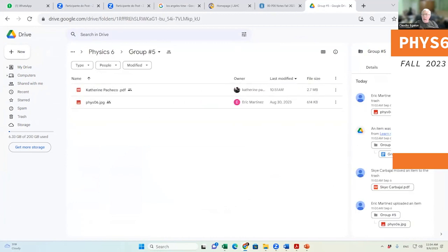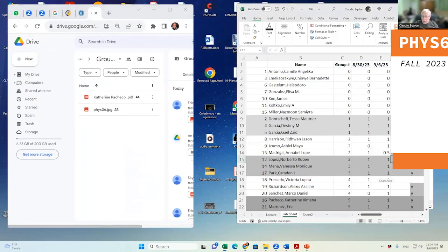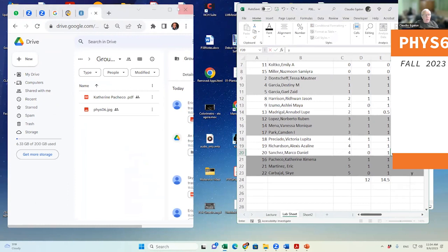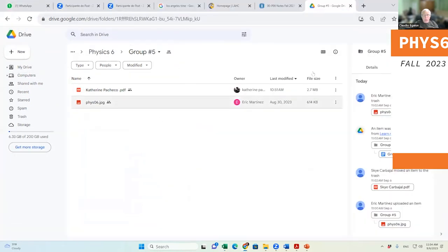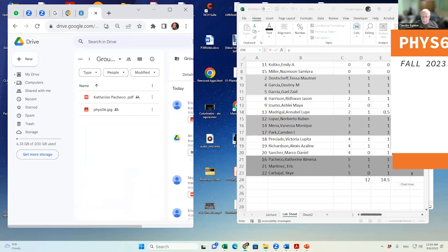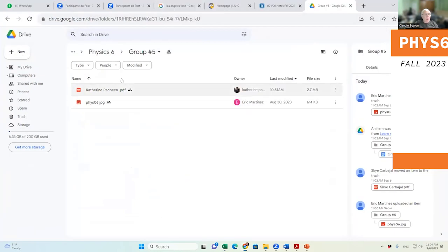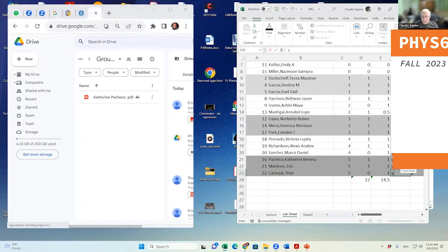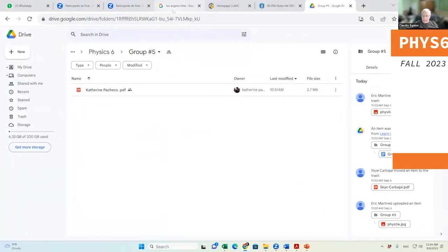And okay, just group 5. Now let's see who managed. Eric and Catherine haven't. Okay, still working, right? But Sky managed to delete her file. Now just Catherine needs to delete. Eric managed to delete it. What about Catherine?